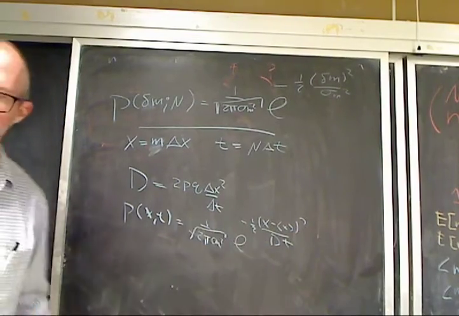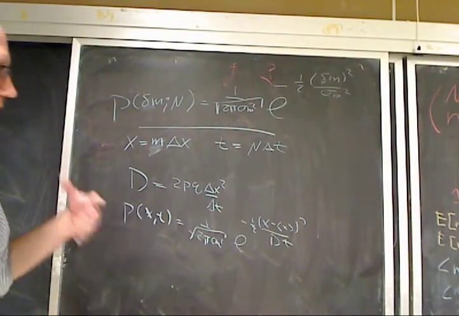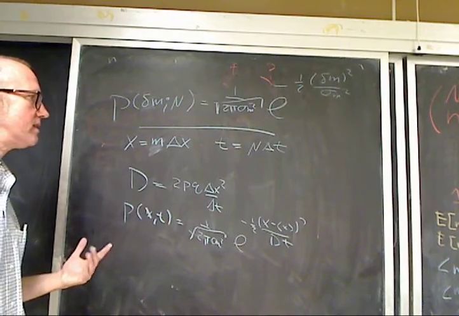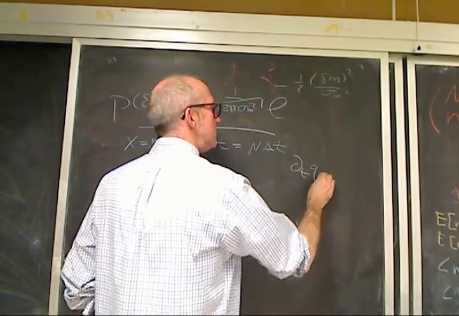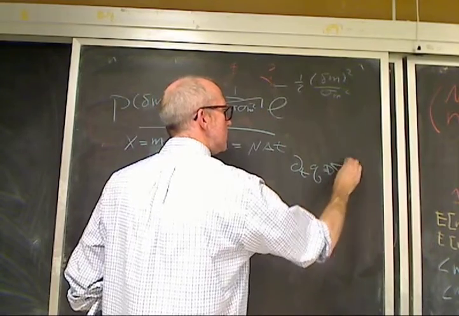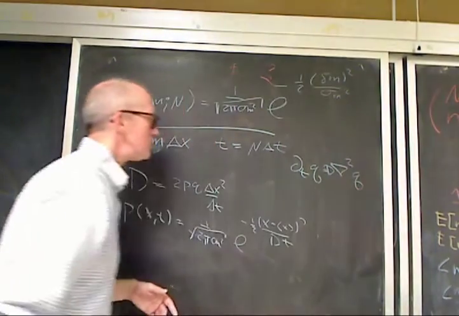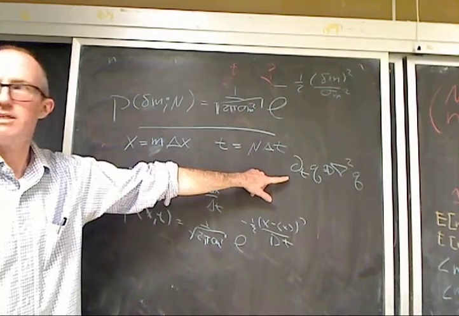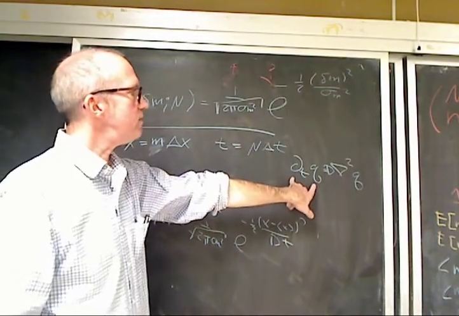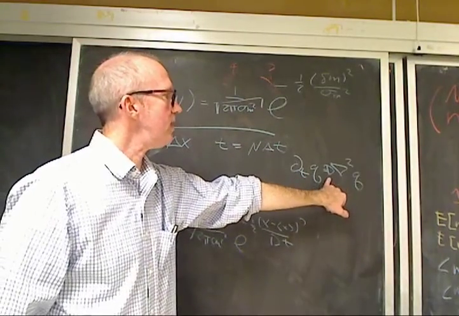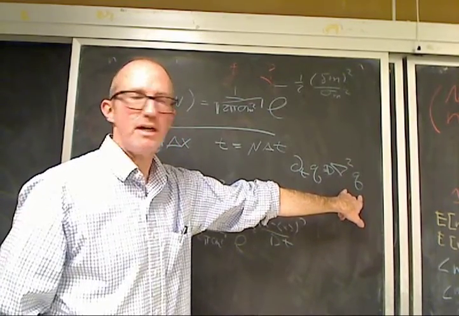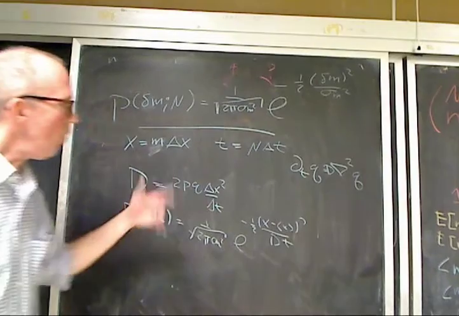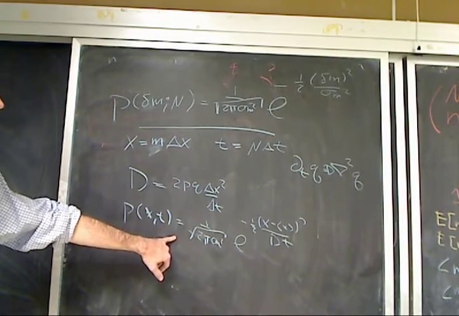So what does this tell us? This says that if I have a diffusive process, now I haven't shown you yet, but this is also the solution to a process like this. So if a process has a time derivative of some quantity equal to some constant d times the second spatial gradient of the quantity, one solution is a Gaussian.